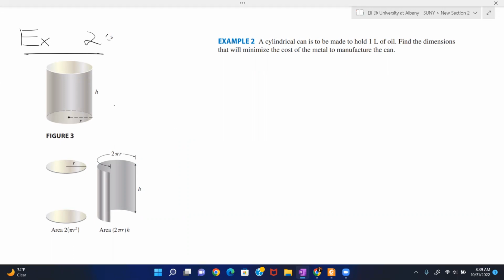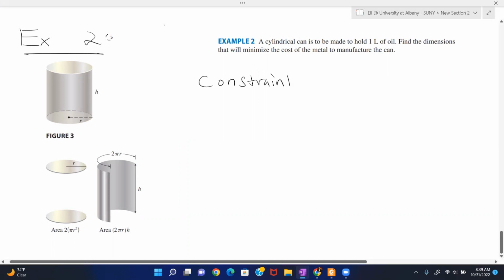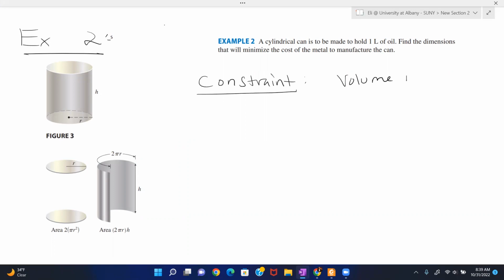So we have this nice figure here, and as I said, we want to minimize the amount of material you need. So first of all, we have this constraint: the volume must equal 1 liter, which we want to convert to 1,000 cubic centimeters.